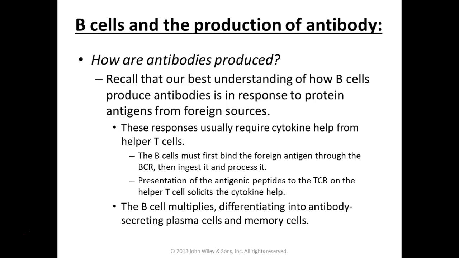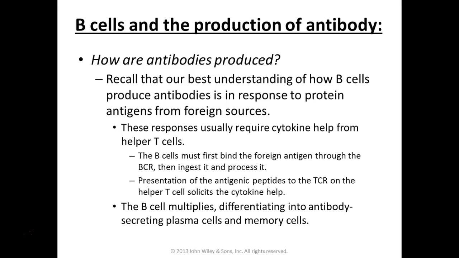So recall, B cells produce antibodies in response to protein antigens from foreign sources. So they internalize what binds to their B-cell receptor, and they're going to present that. Helper T cells are going to help them in that, as we just saw in this past diagram.